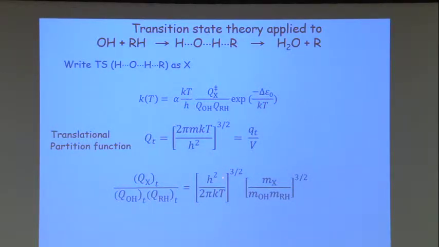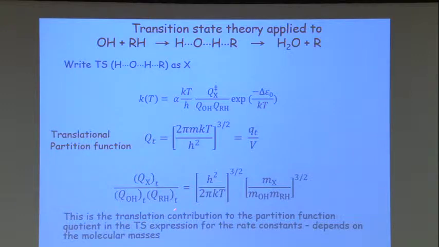I'll come back to that later on. So the translational energy contribution gives rise to this mass term and also this very important numerical term here, but a T to the minus 3/2 temperature dependence. So this is the translational contribution to the partition function.